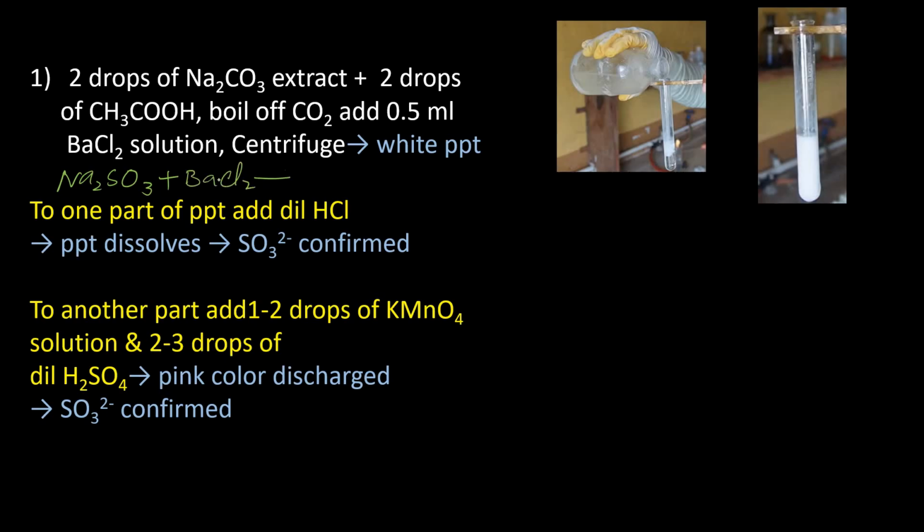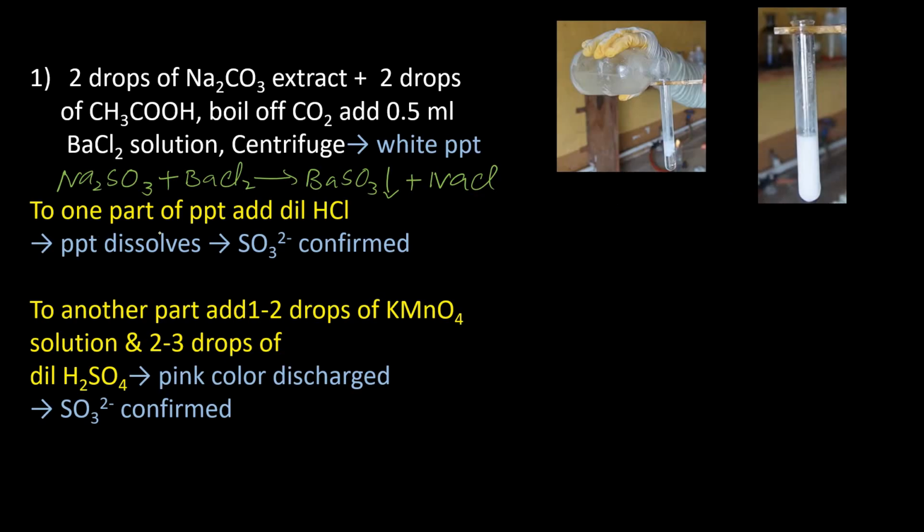Then once again this is a double decomposition reaction. So it will be barium sulfite. This is your white precipitate, right? And then what will form? Sodium chloride. Right? You will get this white precipitate.